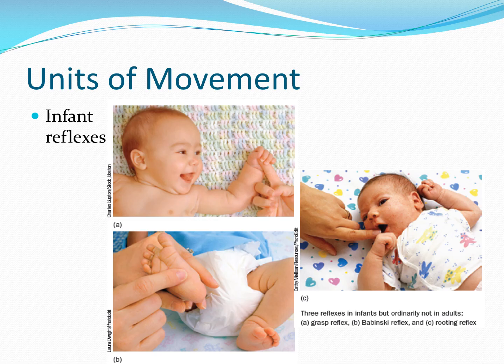If we put our hand on the sole of the foot, and especially if we strike forward, strike up, we're going to see this Babinski reflex where the small toes fan out and the big toe goes in the opposite direction, as they just have this reflex.